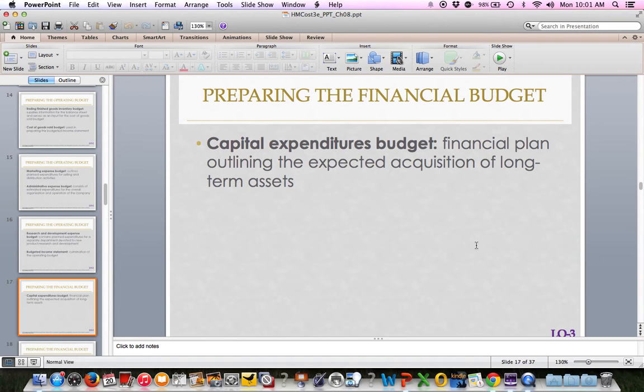And then same thing with capital expenditures. Every business has a list of desired things they would like to invest in. If it's new technology, new servers, new computers, new software, new buildings, new locations, whatever that is, that's part of the budget process also. And that's what USF goes through every year.